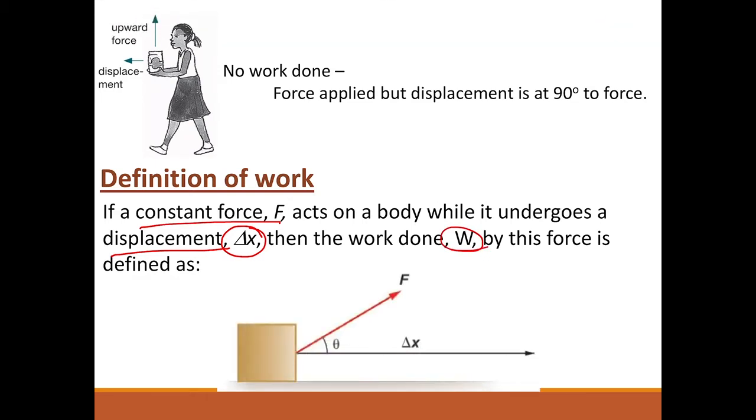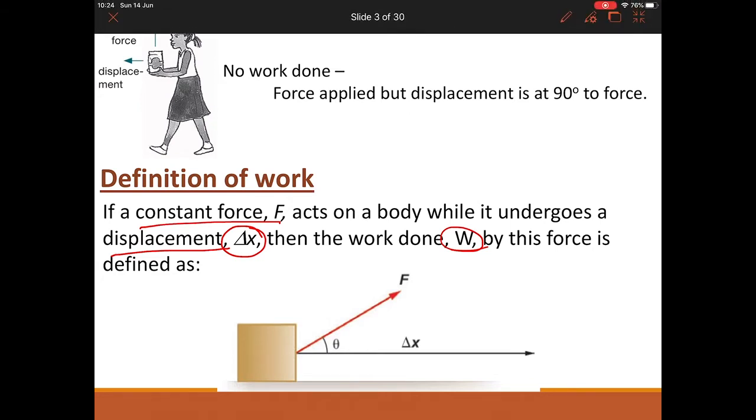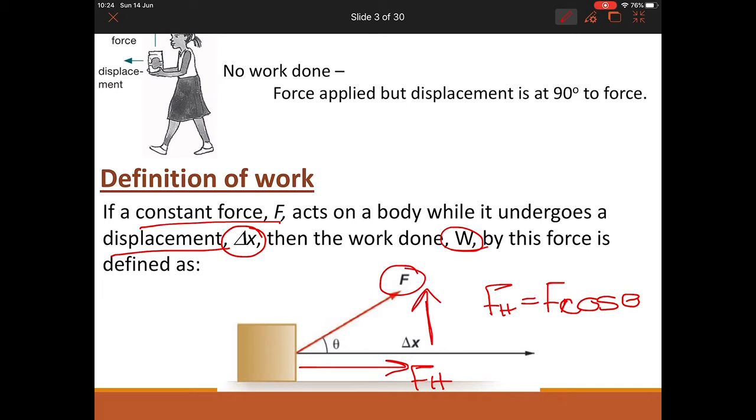So here we have the situation with a box. Here's my force. Now remember, we're actually concerned with the horizontal force, and we've done earlier that my horizontal force is F cos theta. Remember, when we put it into its components, the horizontal force is F cos theta.